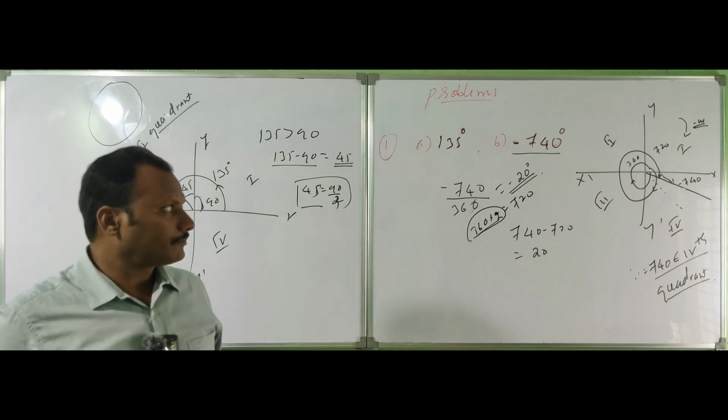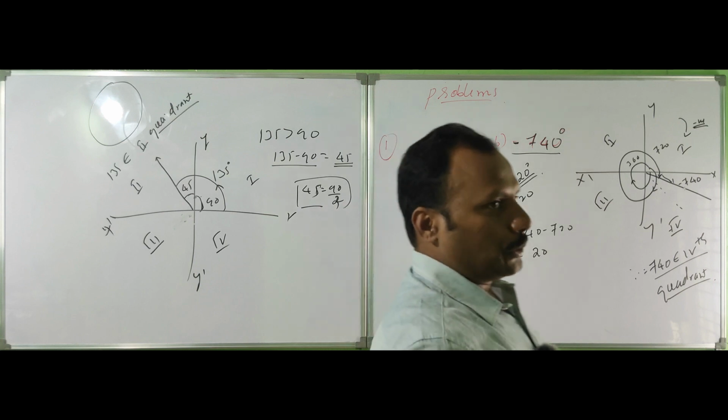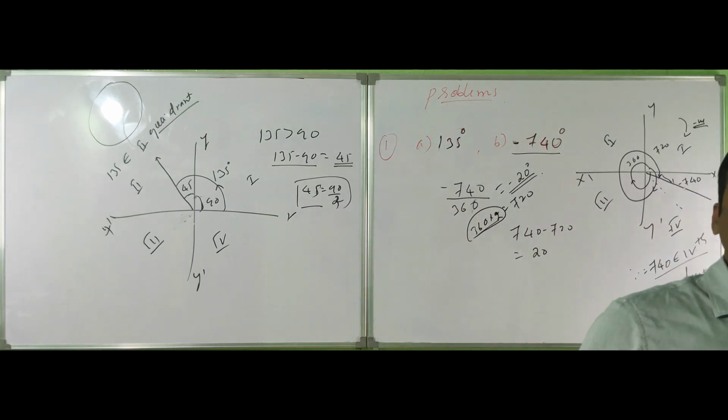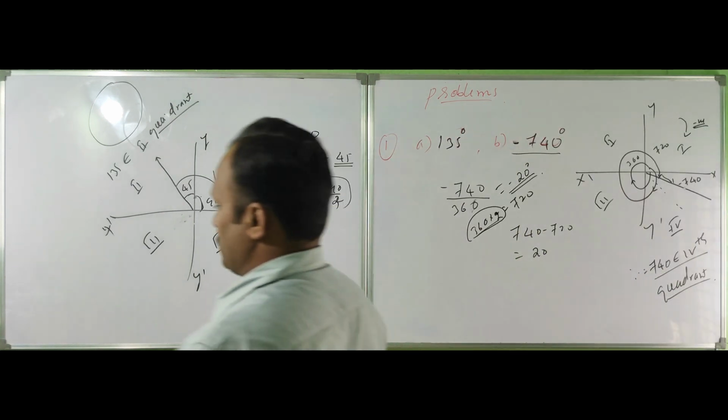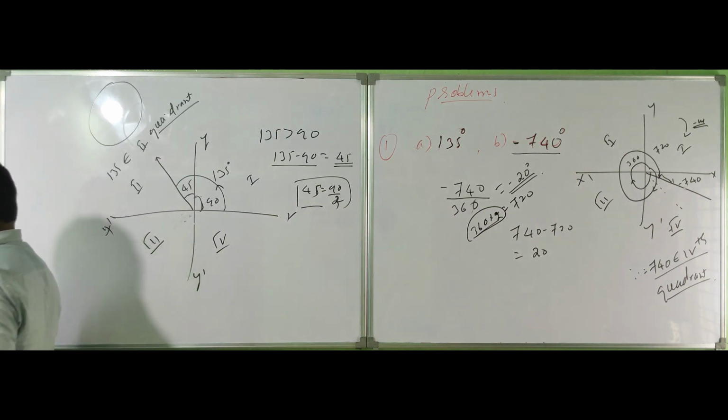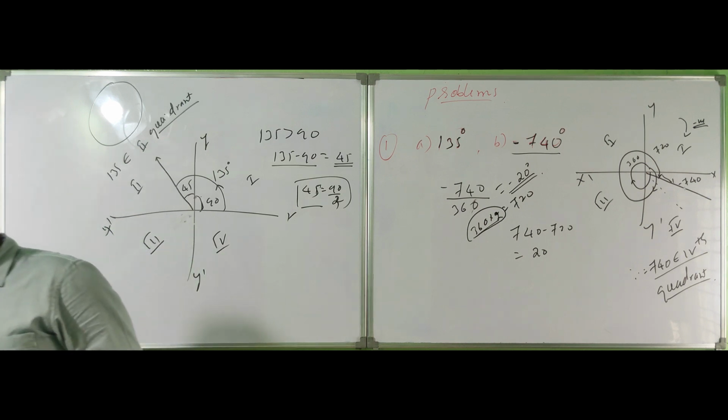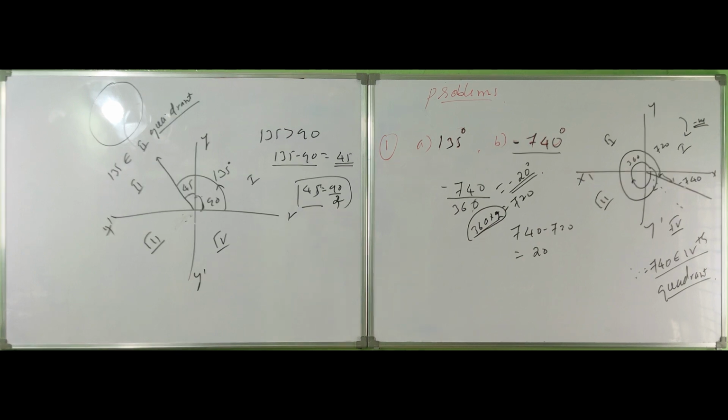Rotation is very important: positive is anti-clockwise and negative angles are in the clockwise direction. Next question: convert the following angles into radian measure.